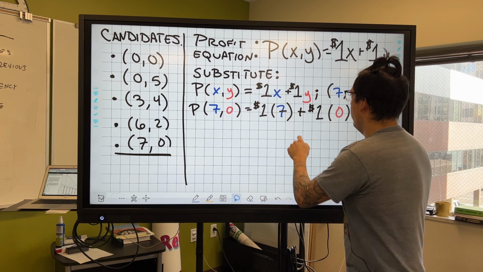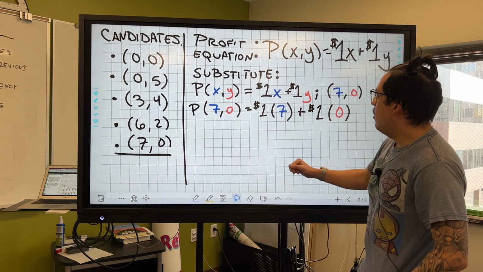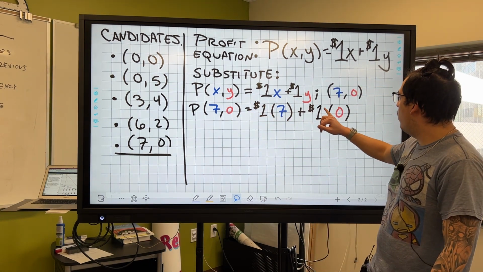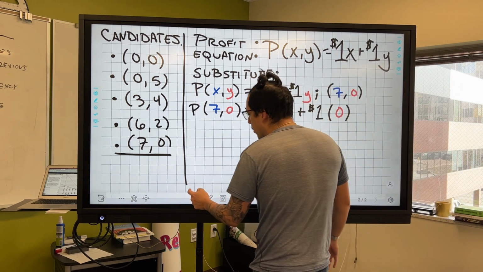I accidentally grabbed the wrong thing before, but this is better. So P of 7, 0 equals $1 times 7 plus $1 times 0. And we're done with our substituting.